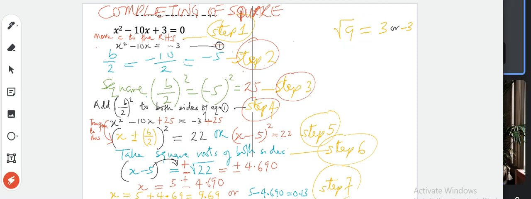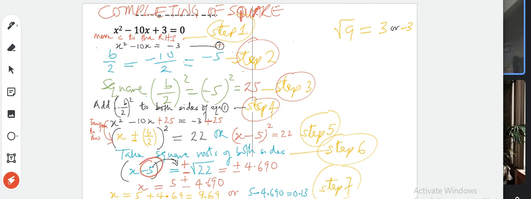Okay, let's go. Finally, the last step. Step 7, and then you move x minus 5 to the other side.